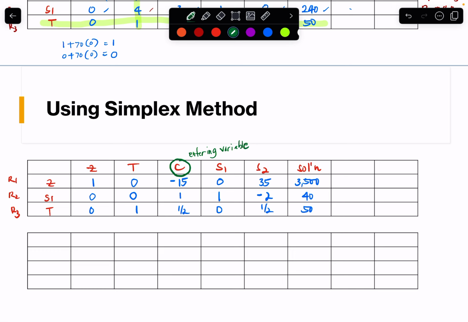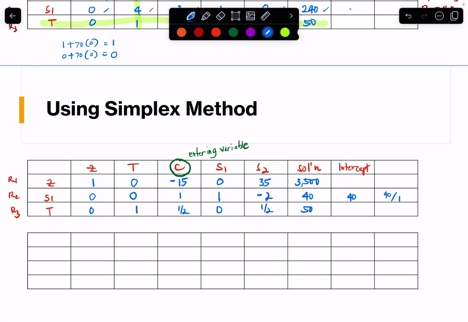To find the leaving variable, we need to find the intercept. The intercept here would be the solution, which is 40 divided by 1, which is 40.